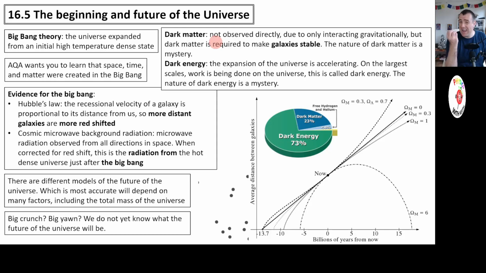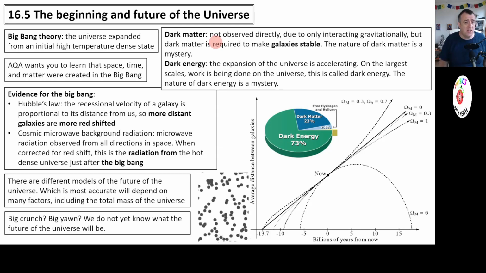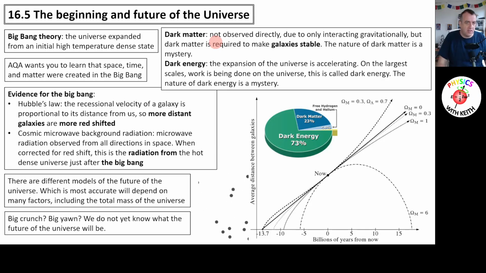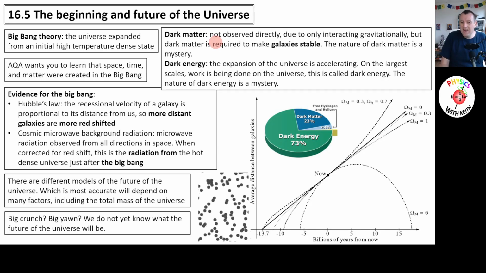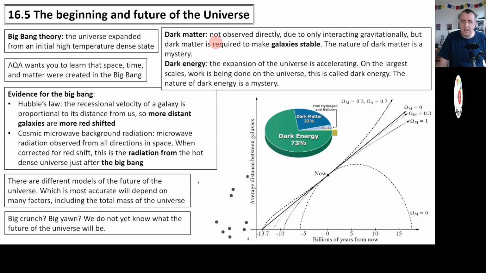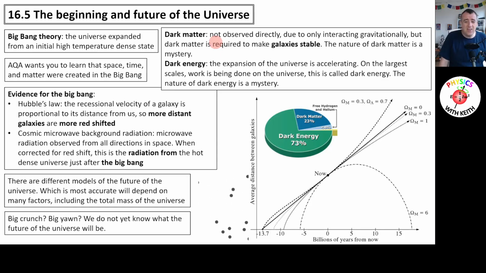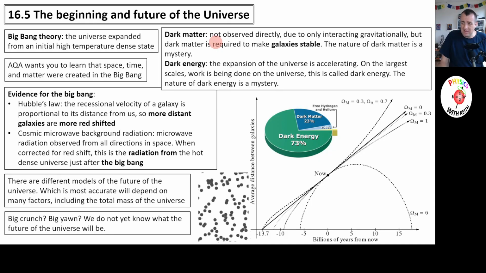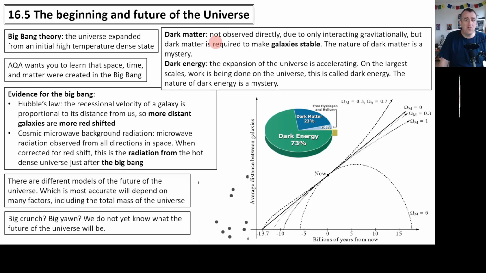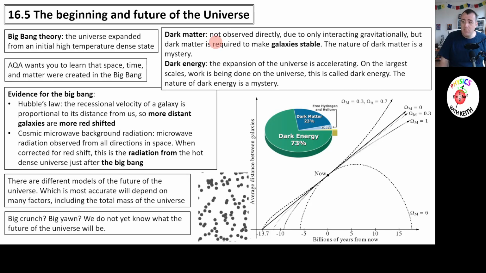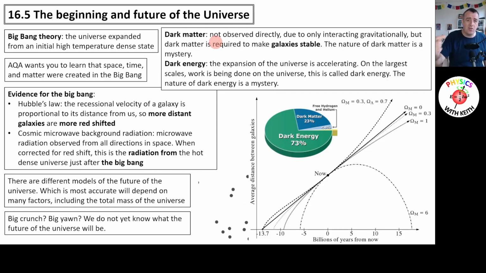We don't know what the matter is yet. We're trying to create it at places like CERN. We're trying to create it so we can investigate it, but it is found everywhere in the universe, and it does tend to clump around galaxies, so it interacts with gravity. We know it's there because we can see the effect of it.